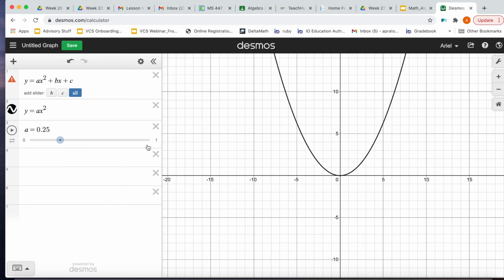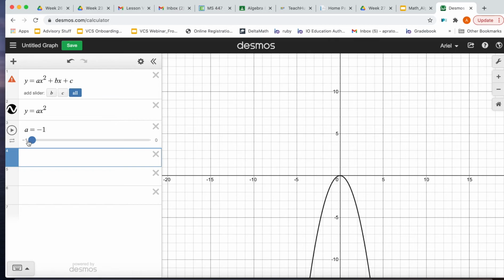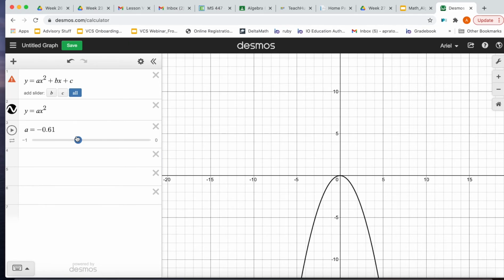So when I'm multiplying by numbers between 0 and 1, or let's do between -1 and 0, right, here's -1. What's happening to my graph as I multiply by those fractional values? That's something really important to notice. We already know what happened in the previous slides, right? Positive, how it changes versus negative.